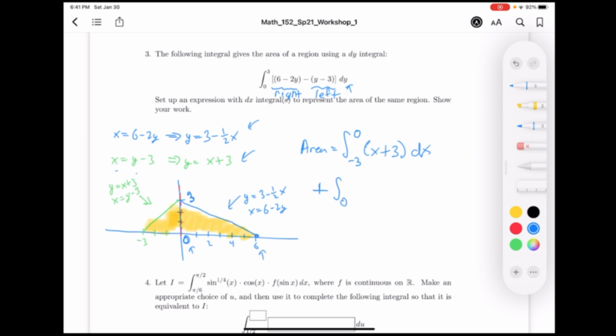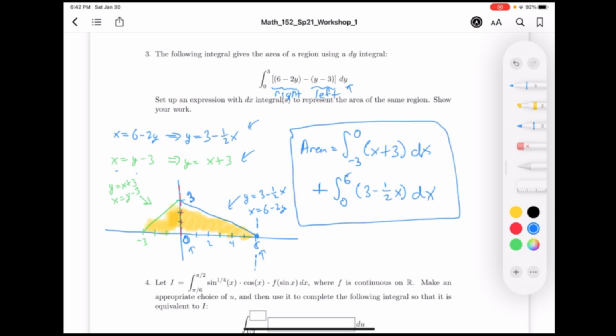I just solved for that point of intersection with the x-axis. This line intersects the x-axis at x equals 6, so that's how I know I'm going up to 6 there. Or more to the point, the highest x value in this region is x equals 6. So that's just going to be 3 minus 1/2 x dx, and that's the answer.